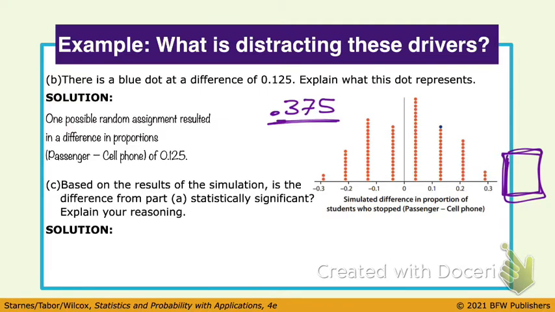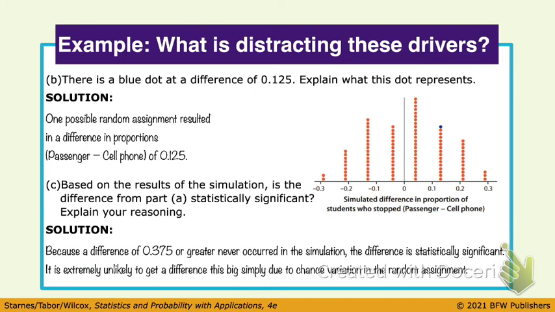So in the simulation, it would appear that it's not even possible to get a difference of 0.375 just by chance. Okay? So what that means here is that the difference of 0.375 or greater never occurred in the simulation. So that must mean that we had statistically significant results to prove that your distraction based on if you have a passenger versus a cell phone is different, okay?